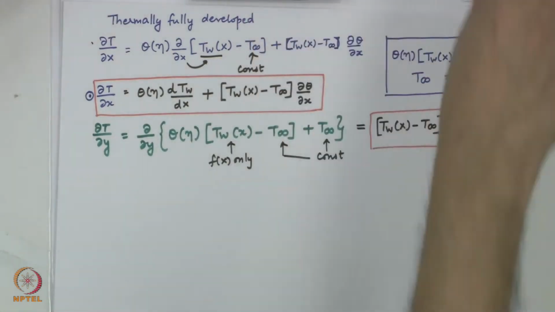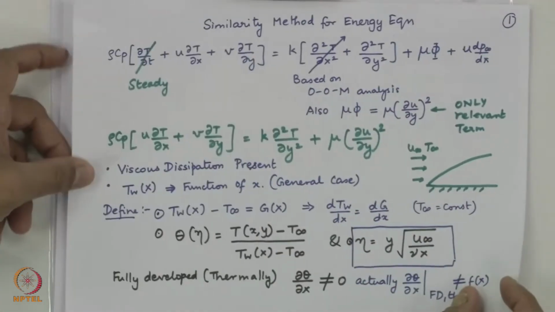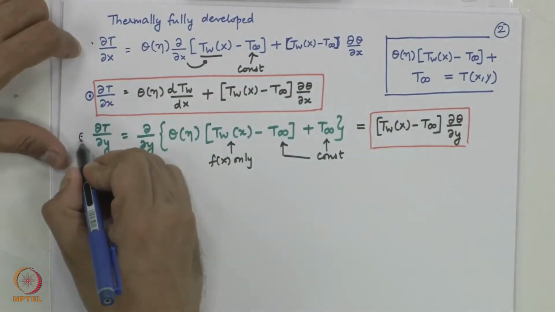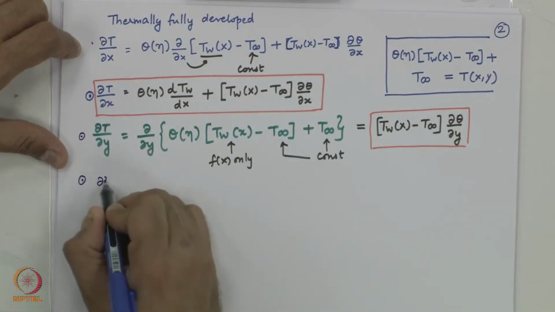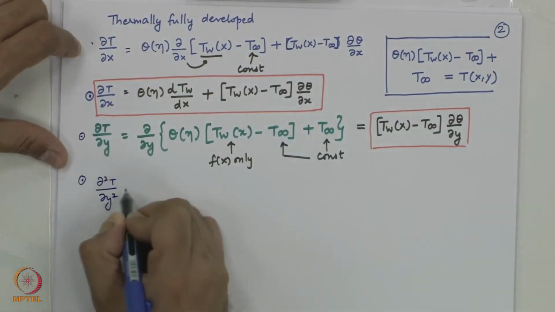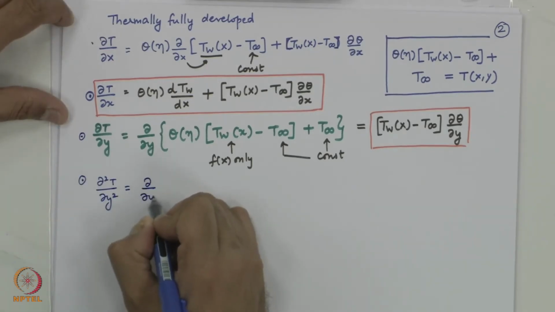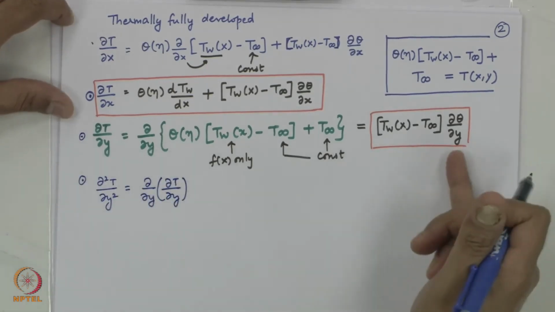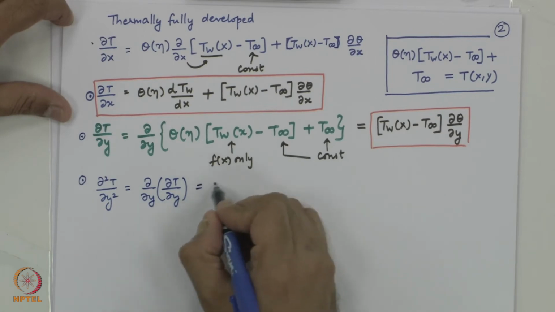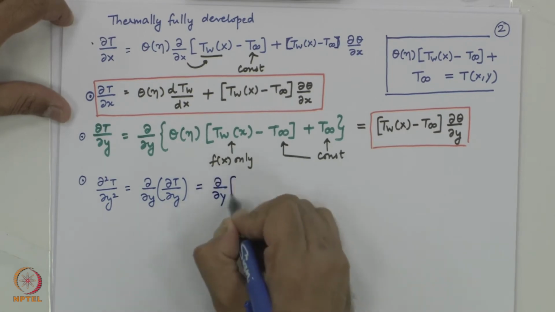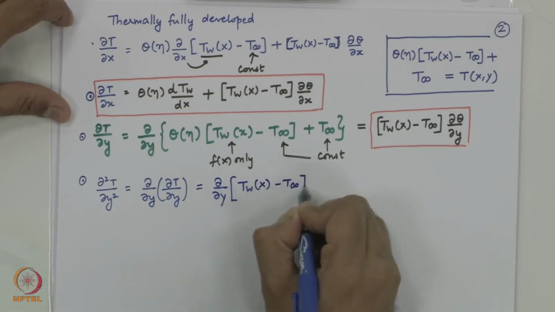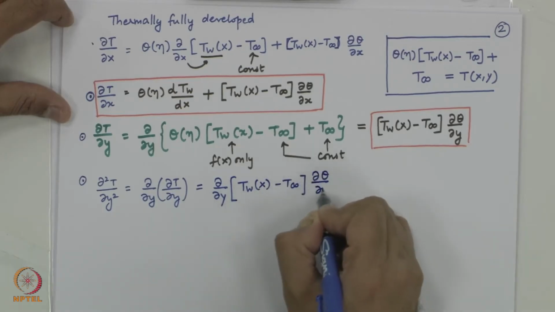Then I have on the right hand side d square t by dy square. So, I will write for d square t by dy square. Now, d square t by dy square is equal to d by dy of dt by dy. Dt by dy is here, so just bring that here. So, this is d by dy of tw of x minus t infinity d theta by dy.